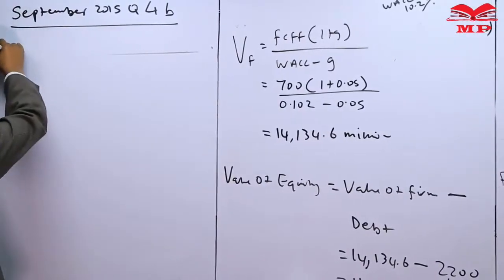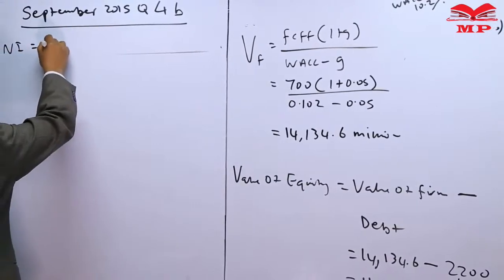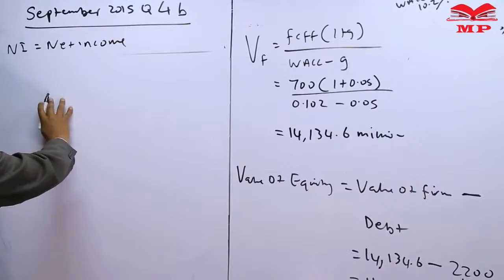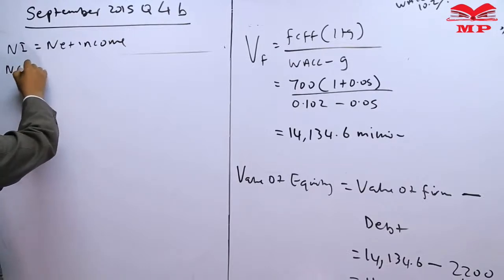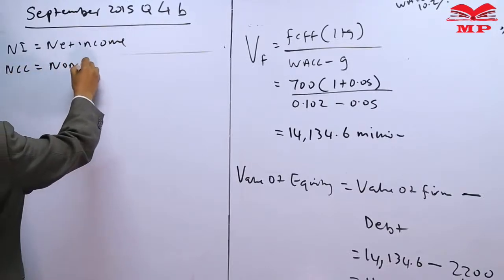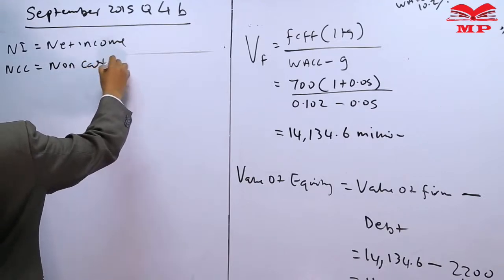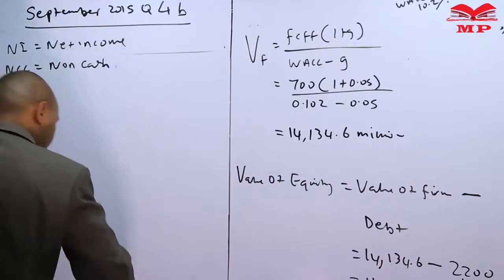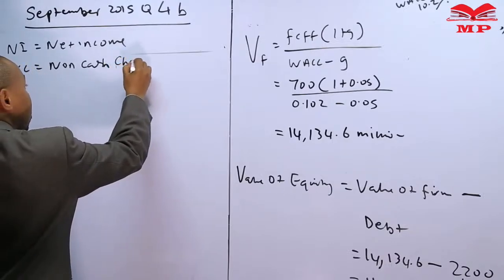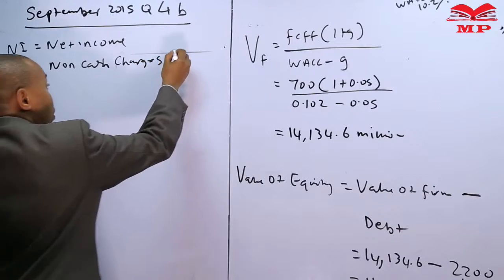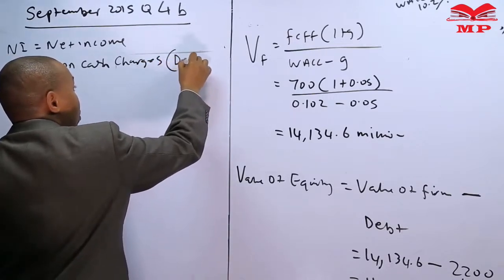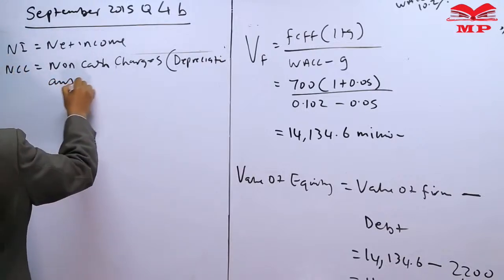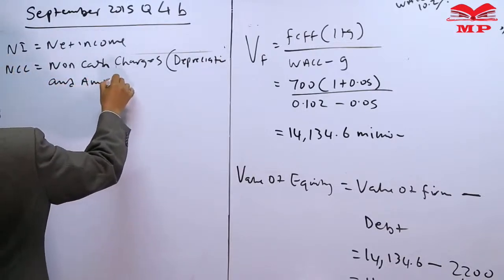Where NI is net income, NCC is non-cash charges, in brackets depreciation and amortization.